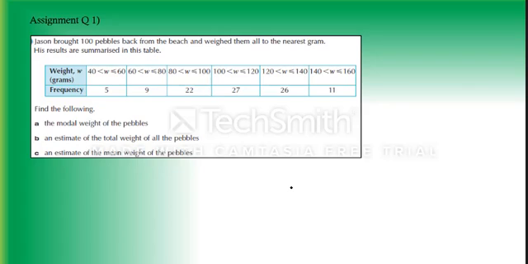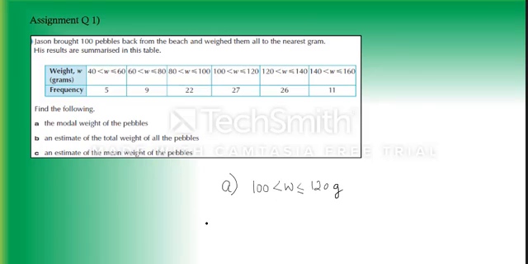Alright, so this is your turn now. That's your assignment question. I'm going to give you the answers to these questions so that you can tally with the answers, and then you know that you are in the right direction. The answer for the first part, wherein we need to find out the modal weight of the pebbles, will be between 100 and 120 grams.